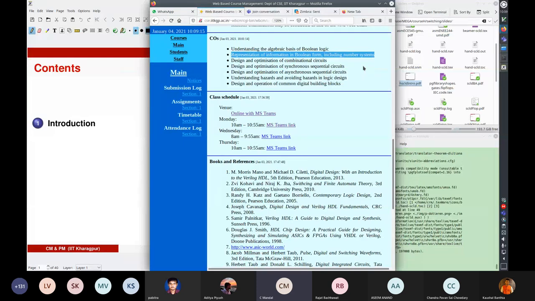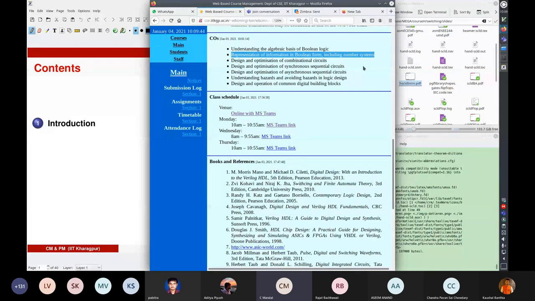Just know that these are three types of circuits we'll be looking at. First of all, we'll be looking at combinational circuits, and for all of these, there is an aspect of optimization. So we'll be looking at optimizations, and we'll also be looking at hazards. That's a pretty interesting area.